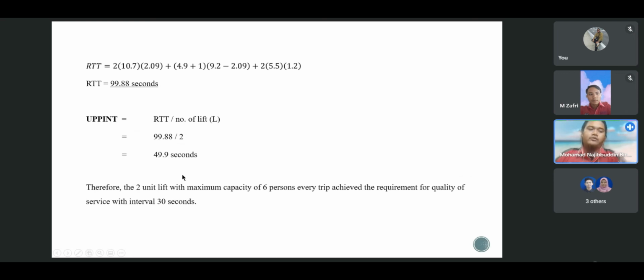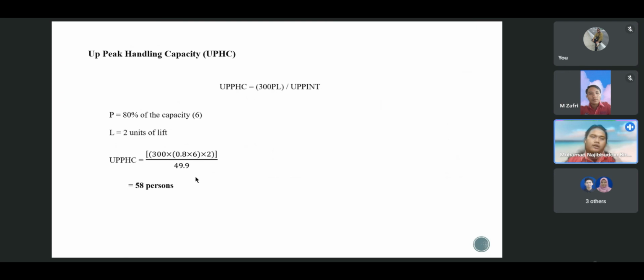Therefore, the unit lift with maximum capacity of 6% every trip achieves the requirement for quality of service with interval 30 seconds. And then up peak handling capacity, UPHC, the amount that we get is 58%.